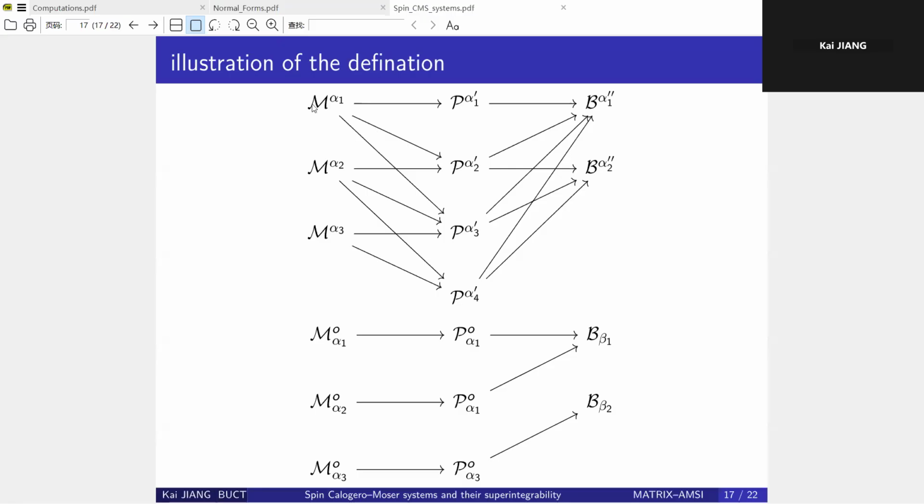Although the maps are quite complicated, there always exists a main part, an open dense subset, such that the arrows are simple. And for each arrow, each chain, it is a chain among manifolds. So we can use the classical superintegrability.